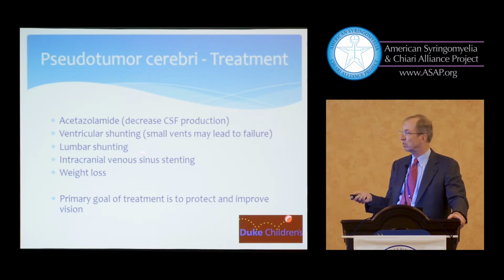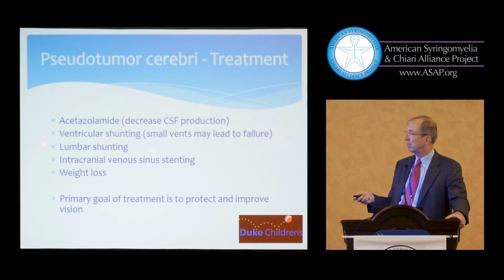In these patients with pseudotumor, Hal Rekate, who's in the audience and will be talking to you next, has done some nice mathematical modeling saying that when the ventricles are small, the subarachnoid space is bigger. So there's more fluid to drain and less likely to be problems with that, although there are more technical problems and more common shunt revisions with lumbar shunting.